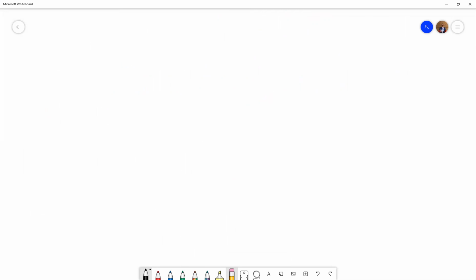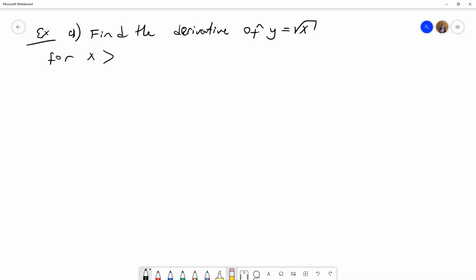Now, next one, we have this example. Find, let's say A, find the derivative of y is equal to square root x for x bigger than 0, or x is positive.